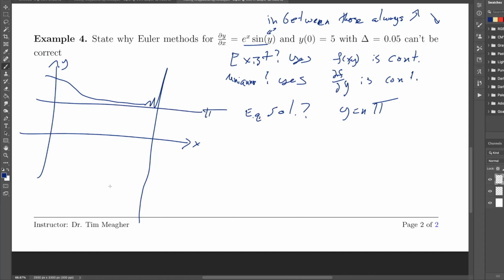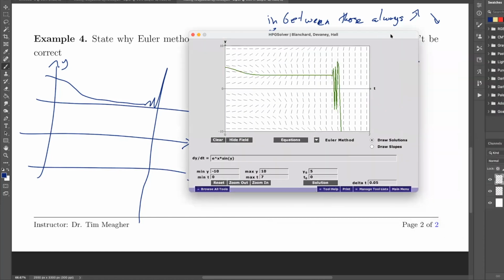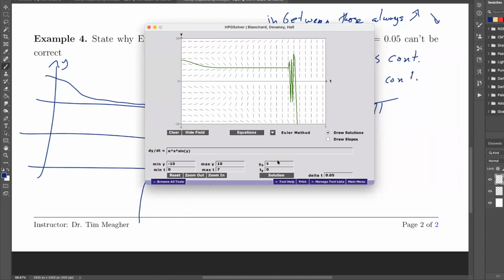Once it's 0, it's always 0. Here at 0, it's an equilibrium solution. Here at minus pi, that's an equilibrium solution. So these are nice flat solutions. Notice if we type that into our solver, it shouldn't crash on us. I can't type in pi, so it might actually crash on us. Yeah, it's going to crash anyway. I wish I could type in true pi, but it won't let me. And so at minus pi is a nice equilibrium solution.